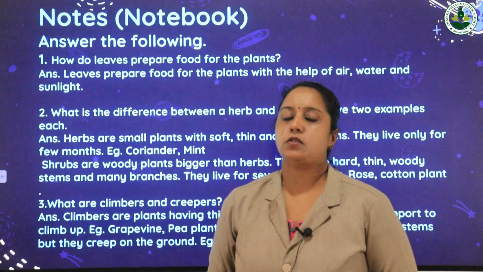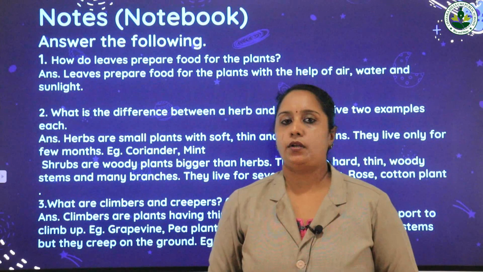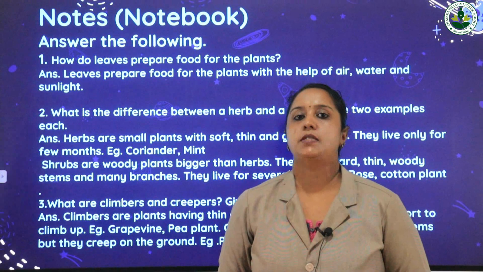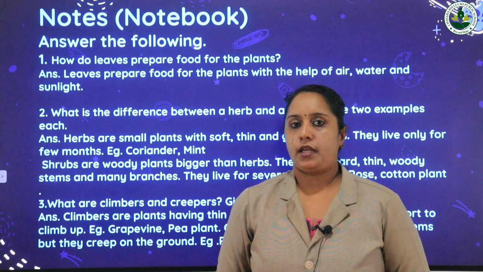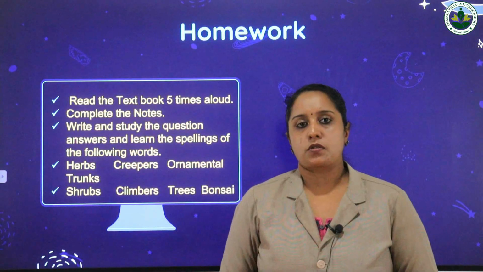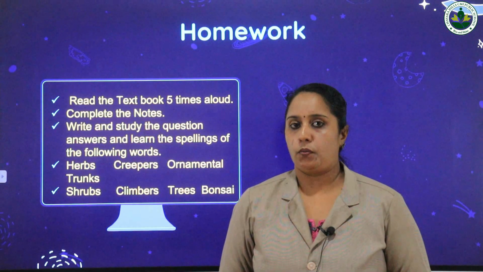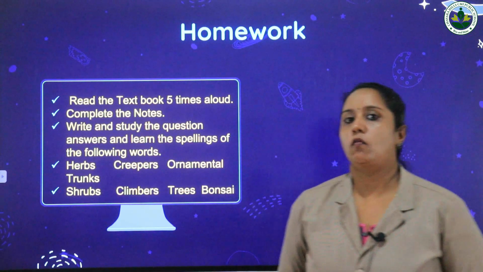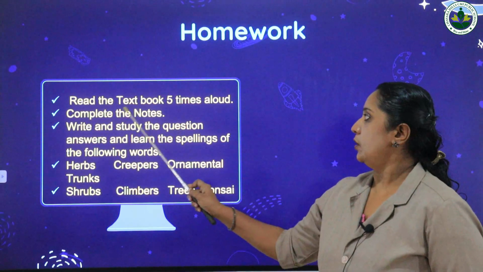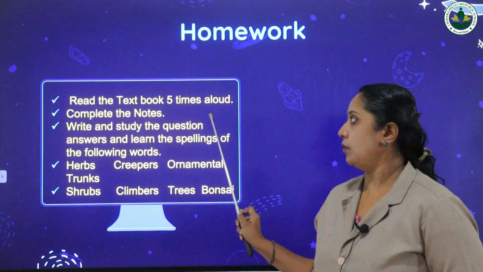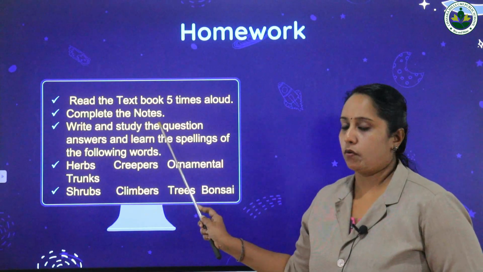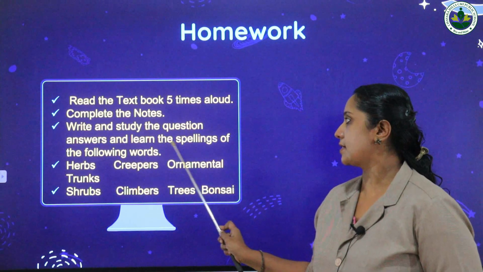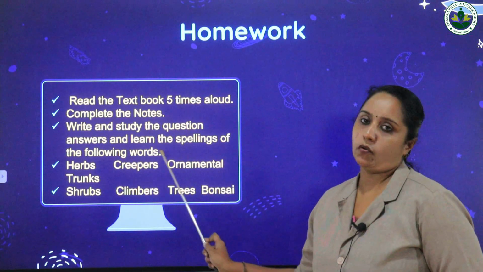These 3 question answers you have to copy down in your EVS notebook and you have to write and study 5 times in your rough book. Okay. The fill in the blanks questions also can be copied down in your notebook and you have to learn the spellings. Now let us see what is the homework for today. So you have to read the textbook 5 times aloud, complete the notes, then write and study the question answers and learn the spellings of the following words.